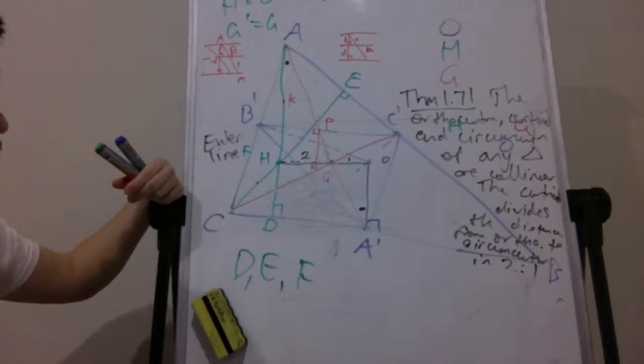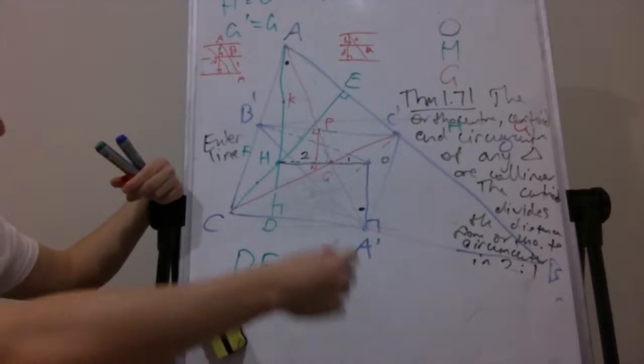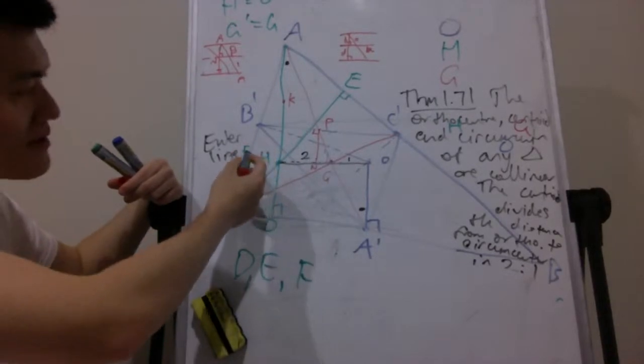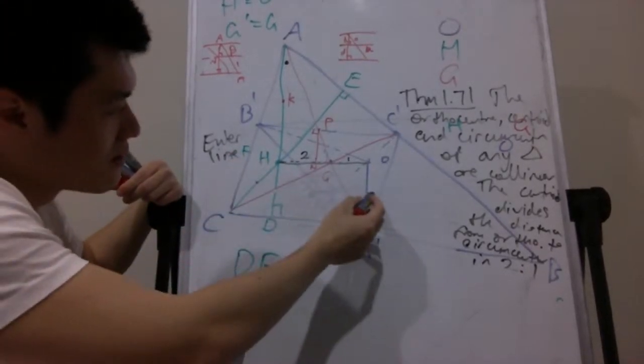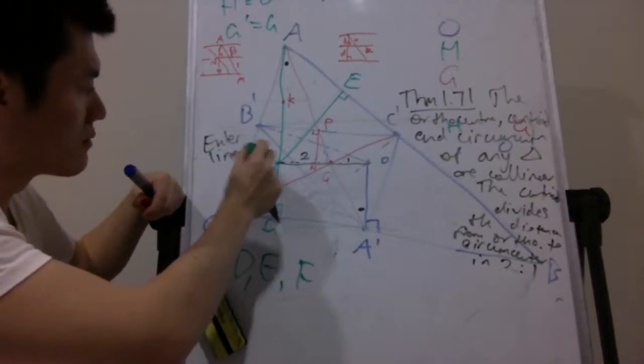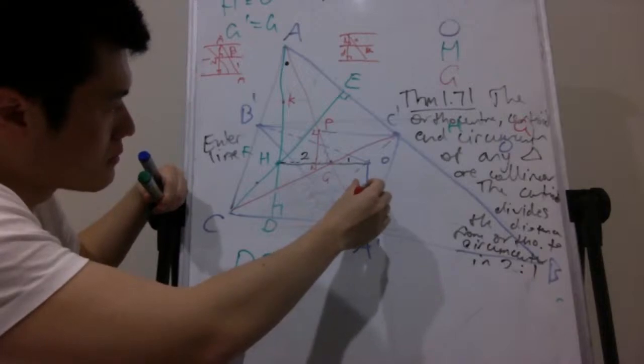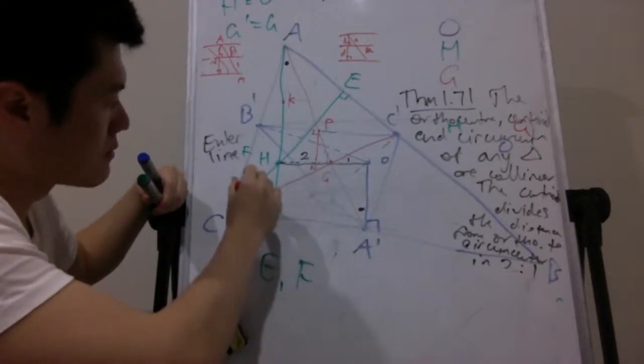Wait, hold on. Unless you have to stick to the diagram. I want to stick to the diagram just in case, because this is getting out of control. And then the other one we didn't even draw, right? Just imagine that here. What are the other 3 points? Are you ready for this?